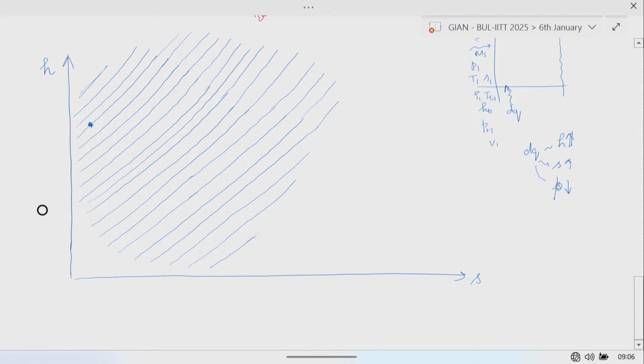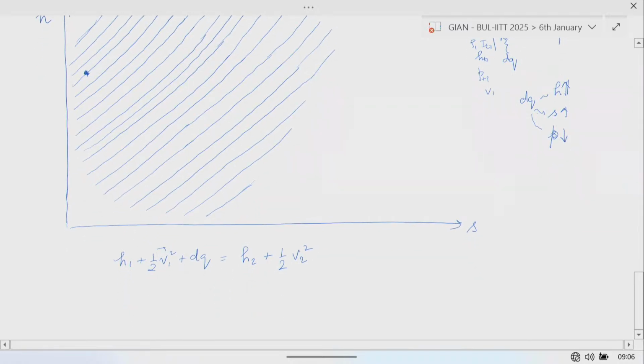The energy equation is H1 plus half V1 square plus dq is equal to H2 plus half V2 square, which means this is total enthalpy HT1, this is total enthalpy HT2.